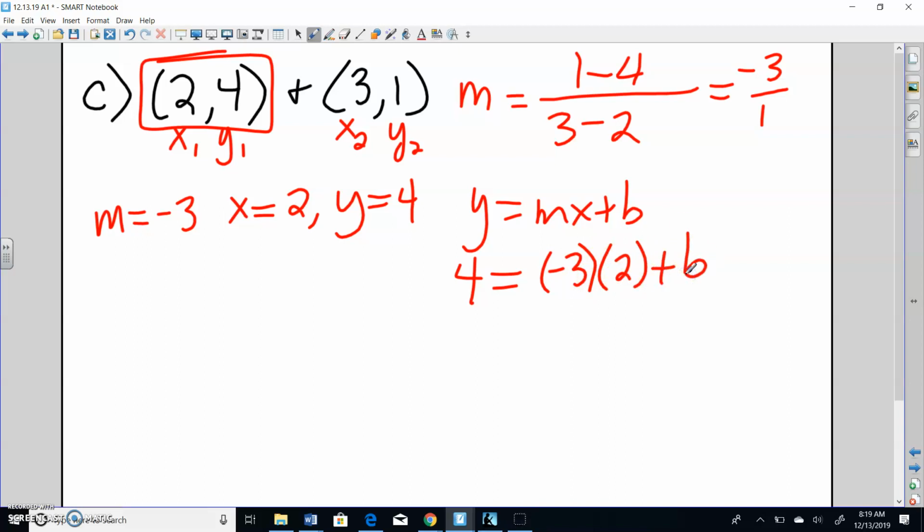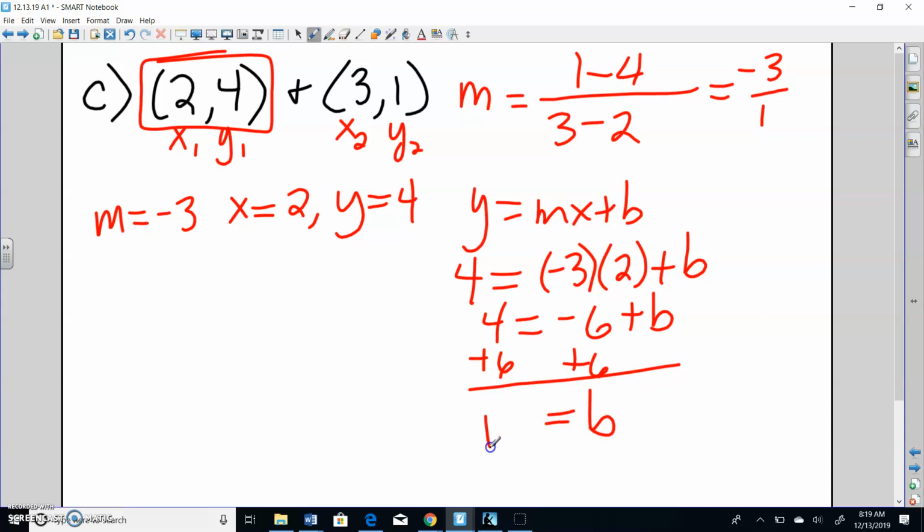Plus b. So that gives me 4 equals -6 plus b. I add 6 to both sides, and b equals 10. So what's my final equation going to be? Jarrett, what's my final equation going to be? Yep.